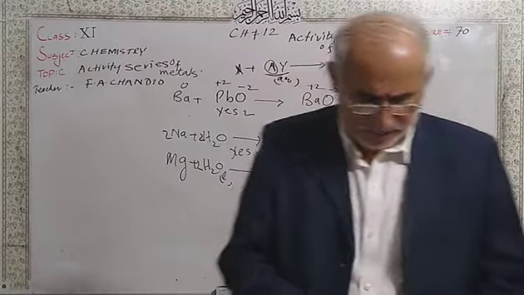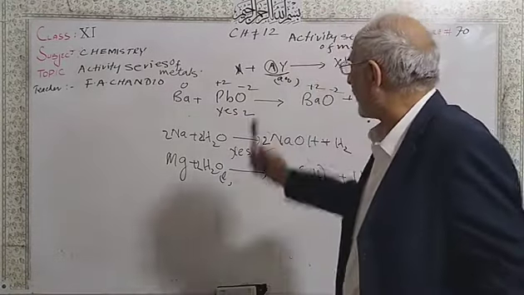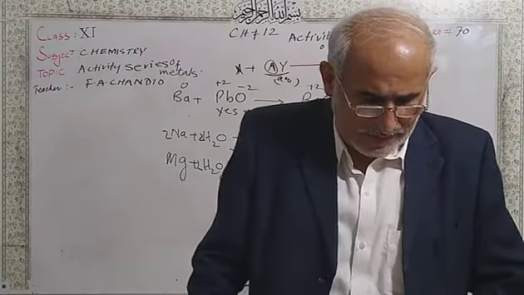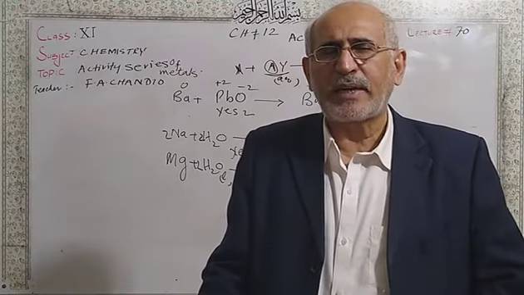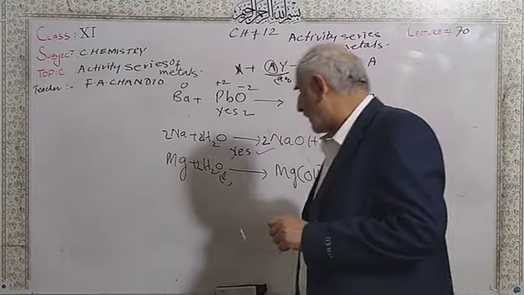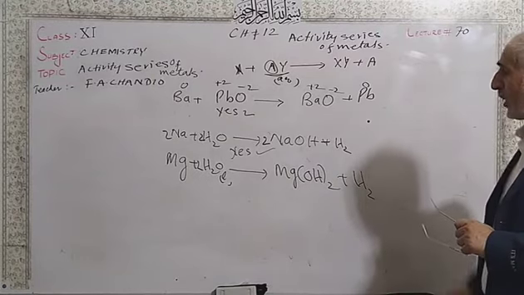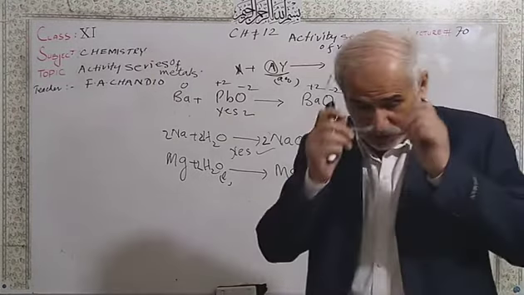The chemical reaction is slow but it occurs, because magnesium is in the second group, metals of intermediate activity, more reactive than hydrogen, so they can displace hydrogen from water. The reaction is slower, not fast.